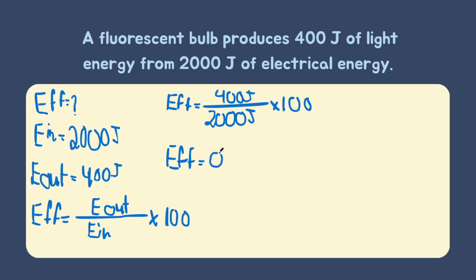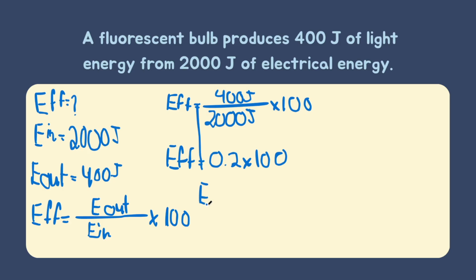So you get efficiency equals 0.2 times 100, and then you get, see, if you look at this, my equal signs are all lined up, but now just for this 100, they're not. It's okay, we'll shift it over.